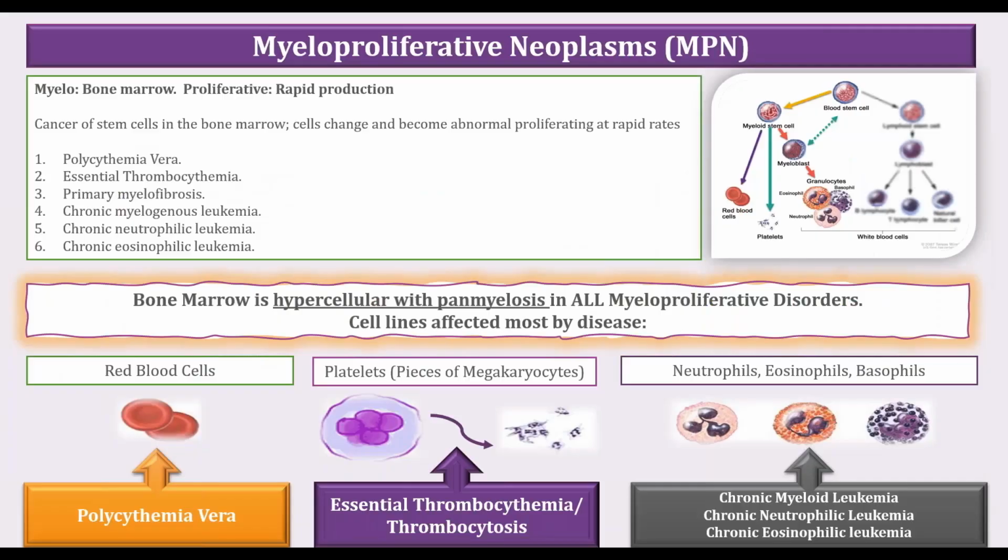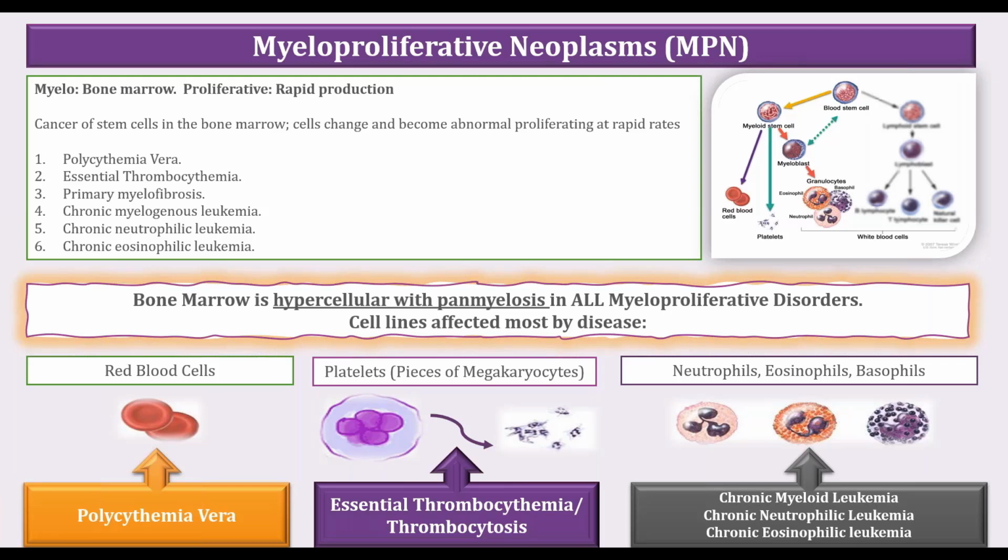With that, we can start by looking at myeloproliferative neoplasms. Again, myelo meaning bone marrow, and proliferative meaning multiplying at a rapid rate. So we have Polycythemia vera. These are all tongue twisters and a mouthful, so excuse me up front if I have to say things a few times. So let's start again.